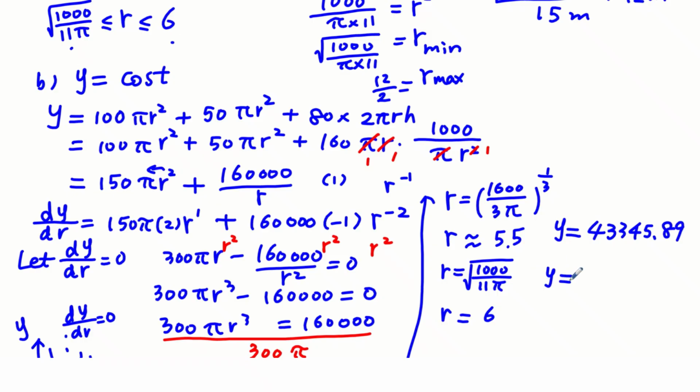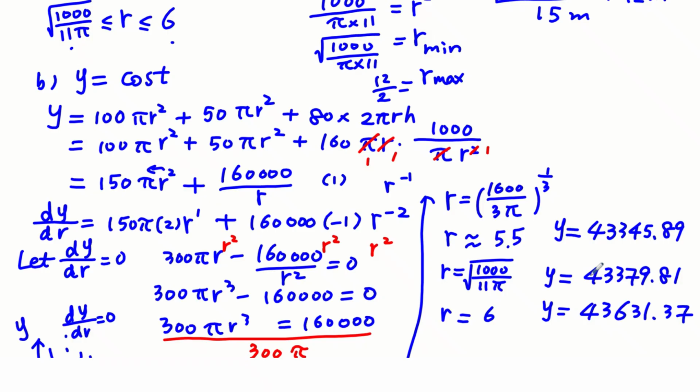And we sub in this one to y. We do this calculation. We have $43,379.81. R equals 6. We have y approximately $43,631.37.